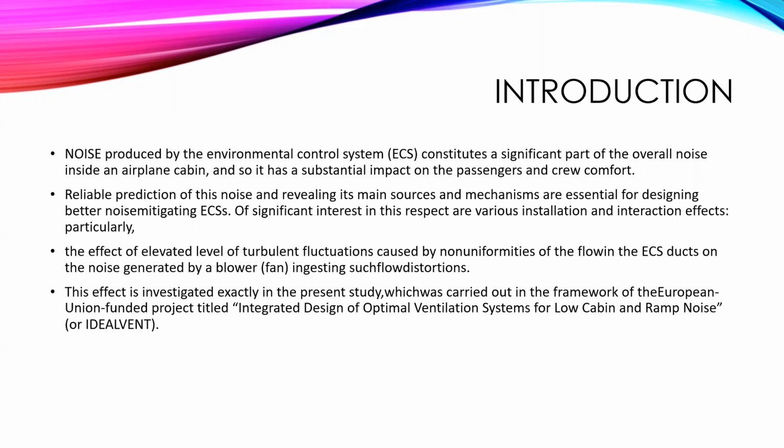Of significant interest in this respect are various installation and interaction effects, particularly the effect of an elevated level of turbulent fluctuations caused by non-uniformities of the flow in the ECS ducts on the noise generated by a blower ingesting such flow disorders.